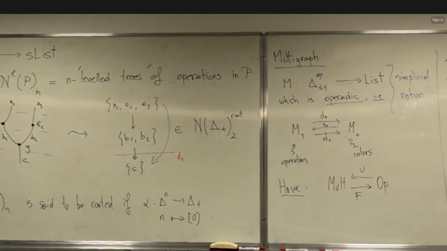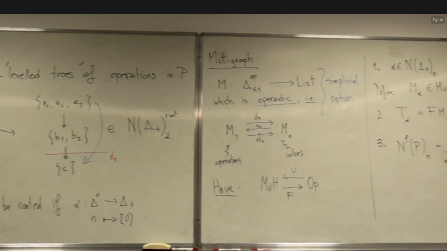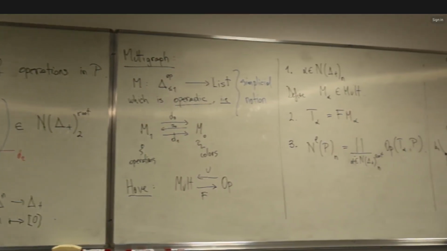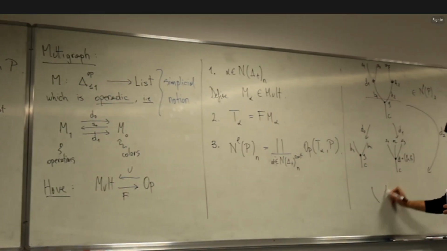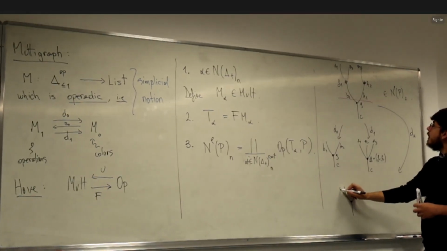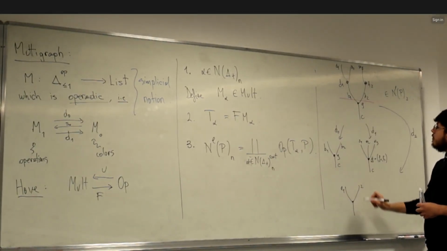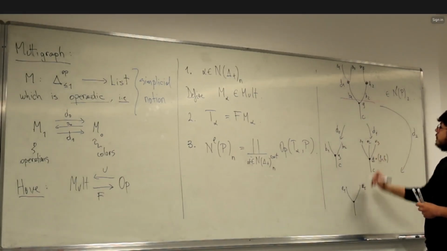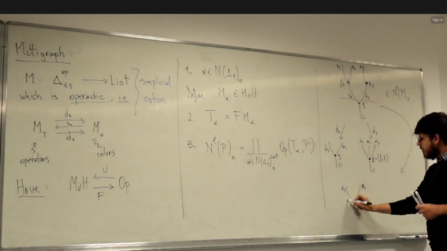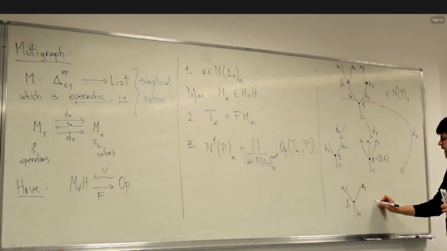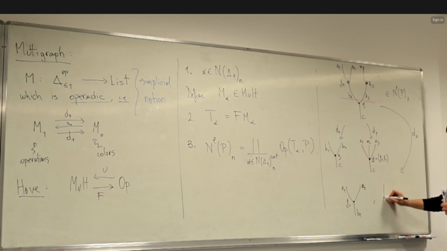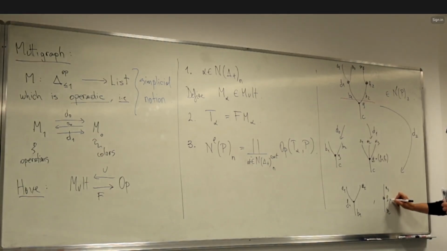We are left with a sequence of things. So this will be A1, A2 to B1, F1, and A3 to B2, F2.